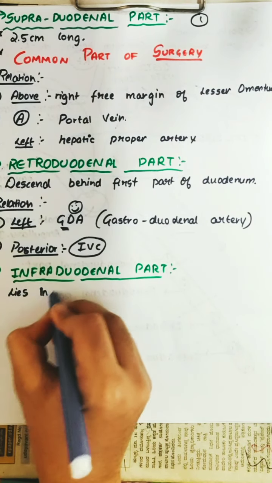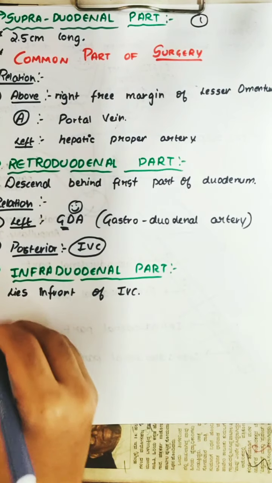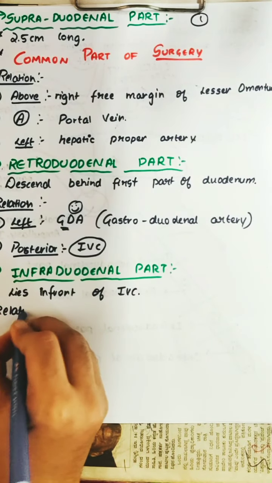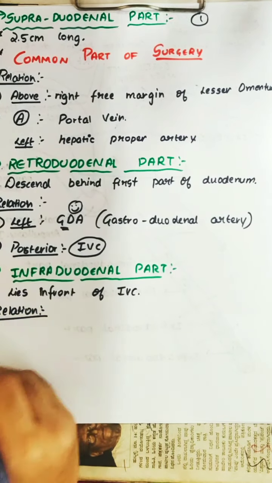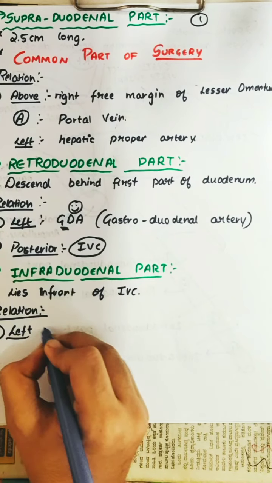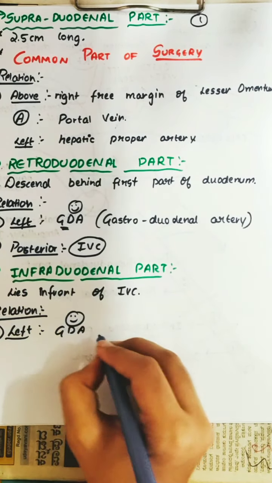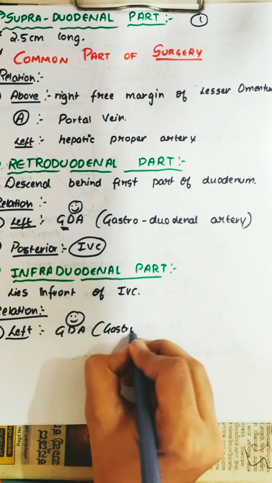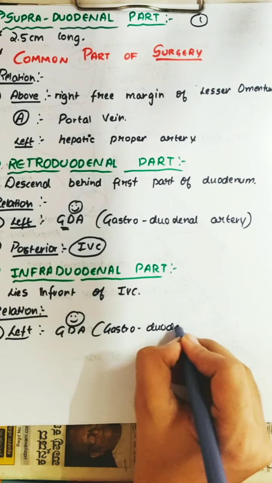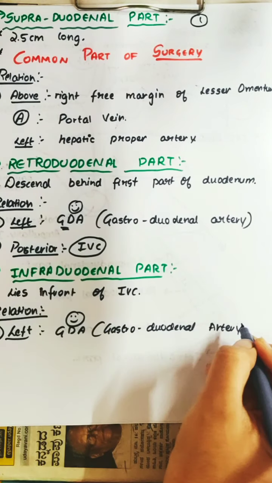We'll see the relation. On the left side, same, that is GDA, the gastroduodenal artery, is located on the left side.